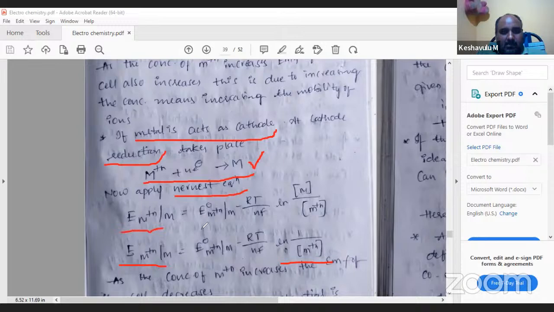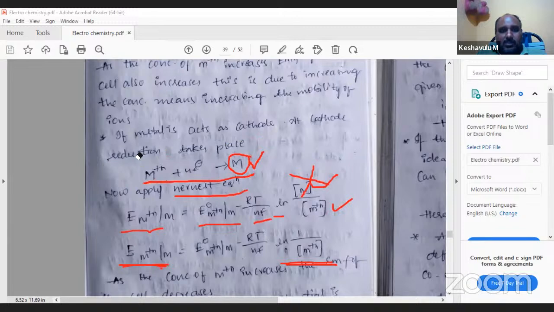E cell equals E naught cell minus RT by nF ln of the activity of the product, that is M, divided by the reactant, that is M^n+. The metal is a solid, and for solids the activity or concentration is 1. Therefore it is 1 by M^n+. So here, E cell is inversely proportional to the M^n+ concentration.